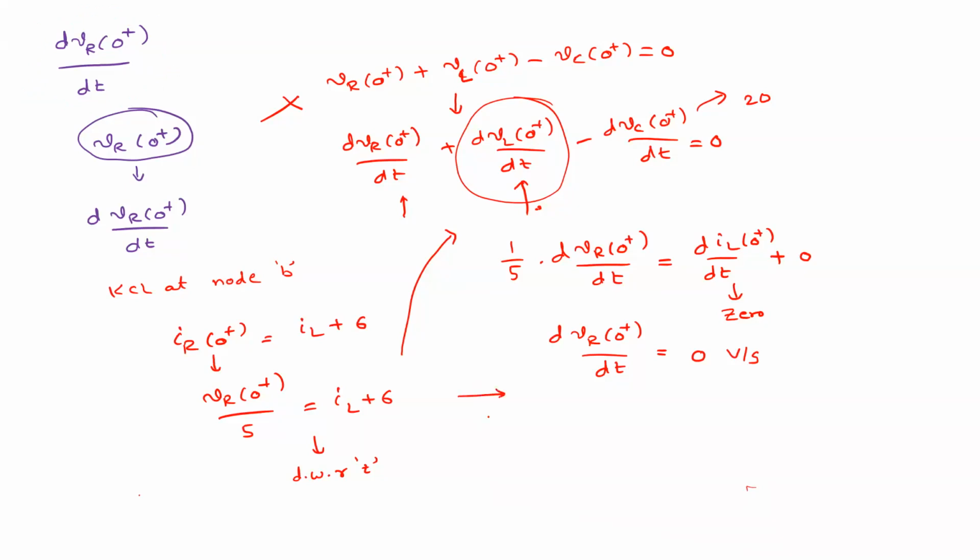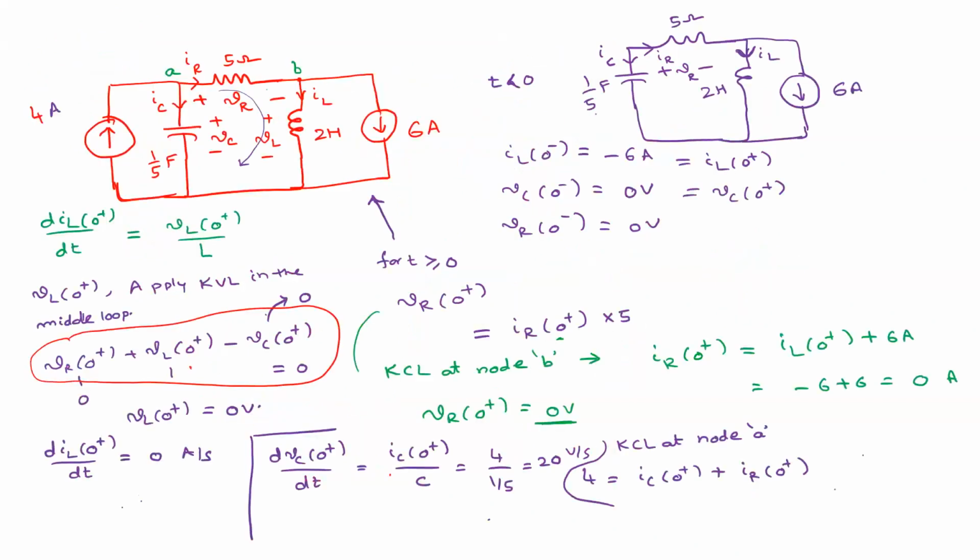For t at infinite time, we need to find the other quantities. IL of infinite: what is IL of infinite in this circuit? The current is passing through this resistor and this inductor.